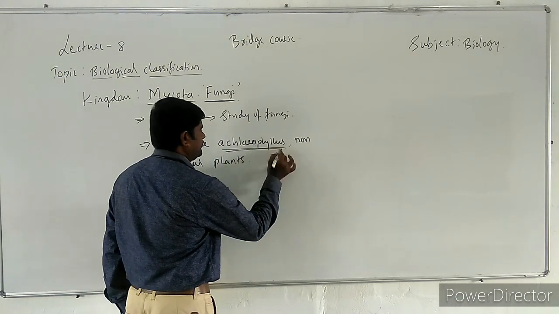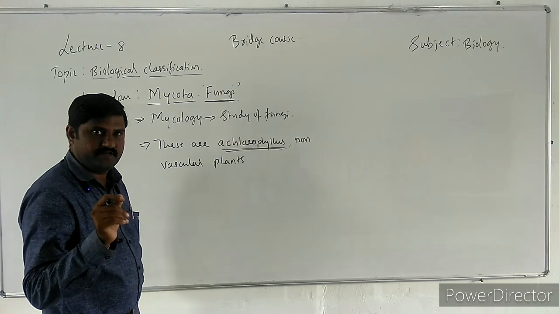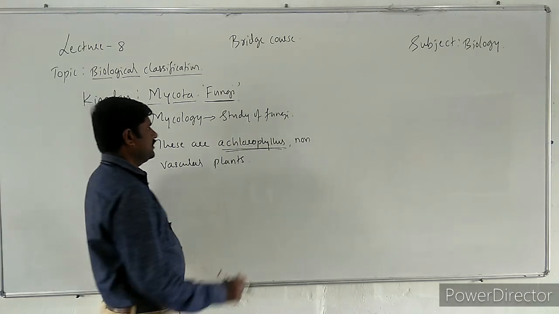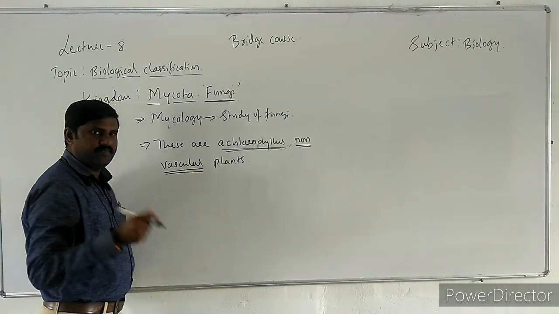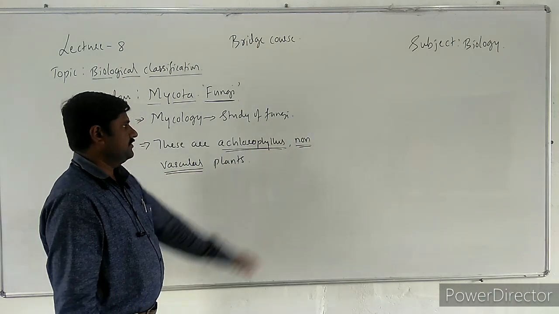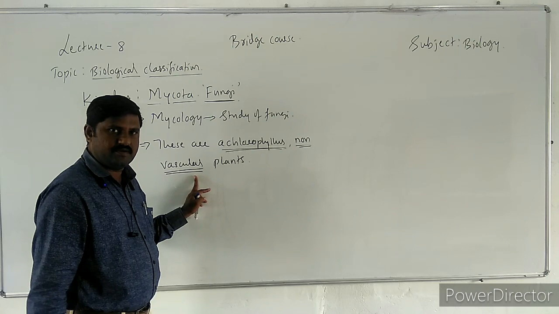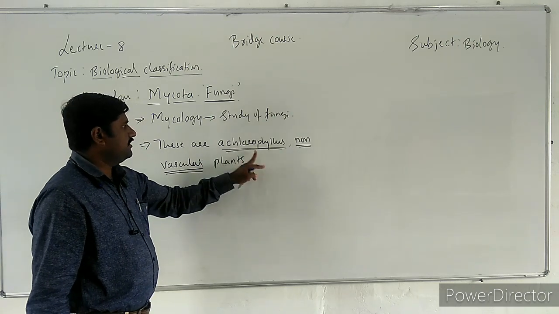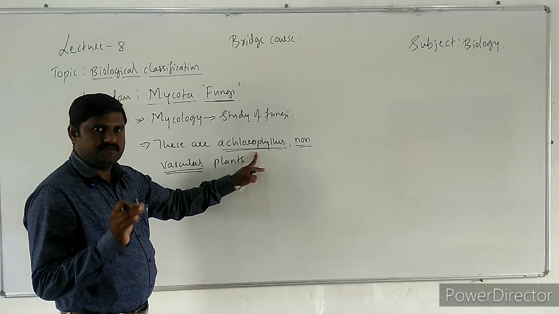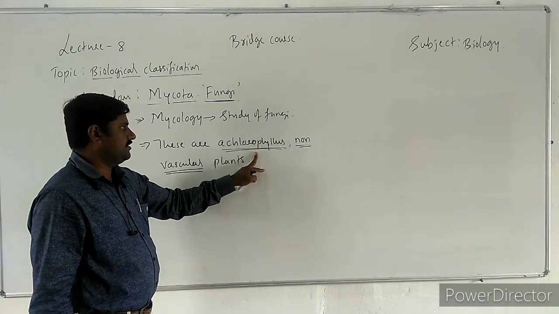Achlorophyllous means absence of chlorophyll pigment within themselves. Non-vascular means vascular bundles are absent. They do not have any vascular bundles like xylem and phloem, and they do not have any chlorophyll pigment within themselves.